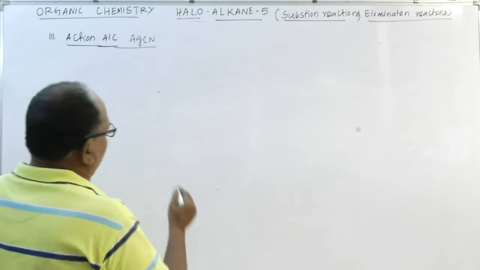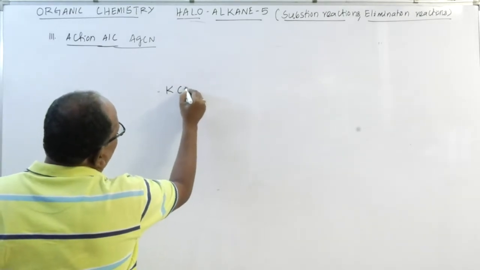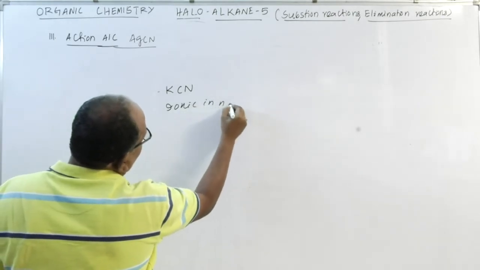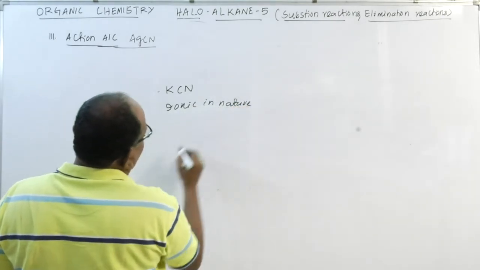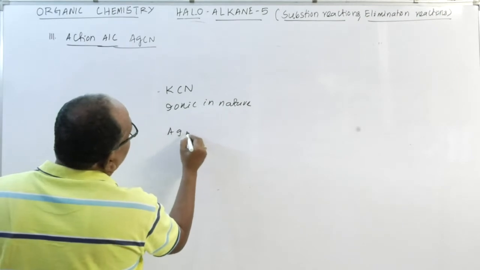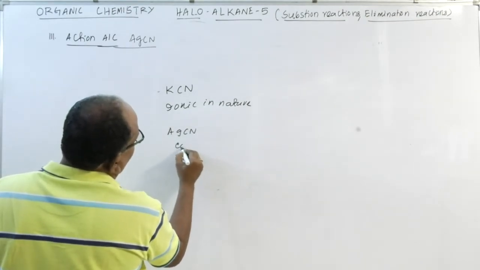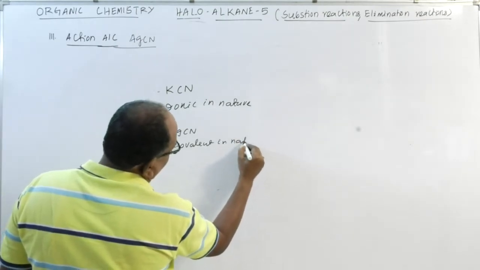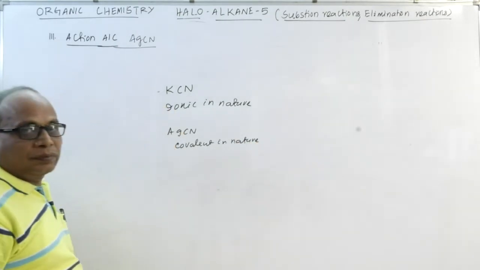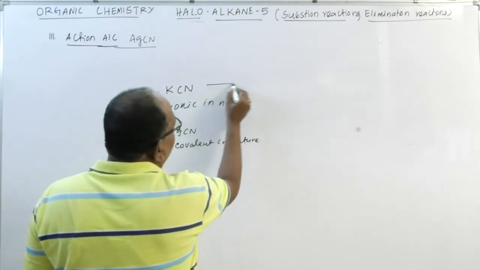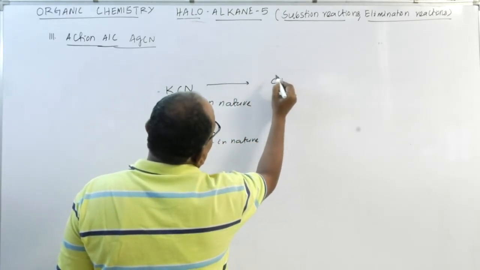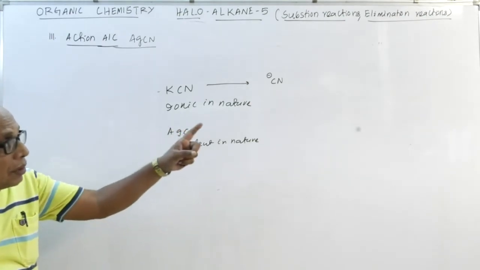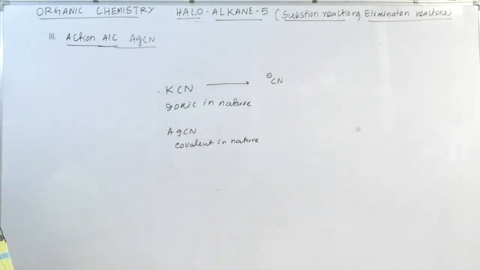Because potassium cyanide is ionic in nature, whereas AgCN is covalent in nature. As an ionic compound, it can produce the cyanide ion, in which the carbon atom carries the negative charge.